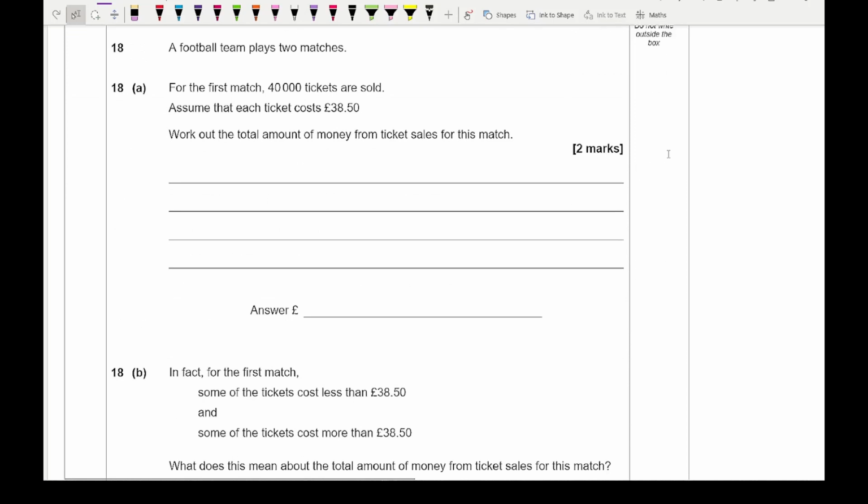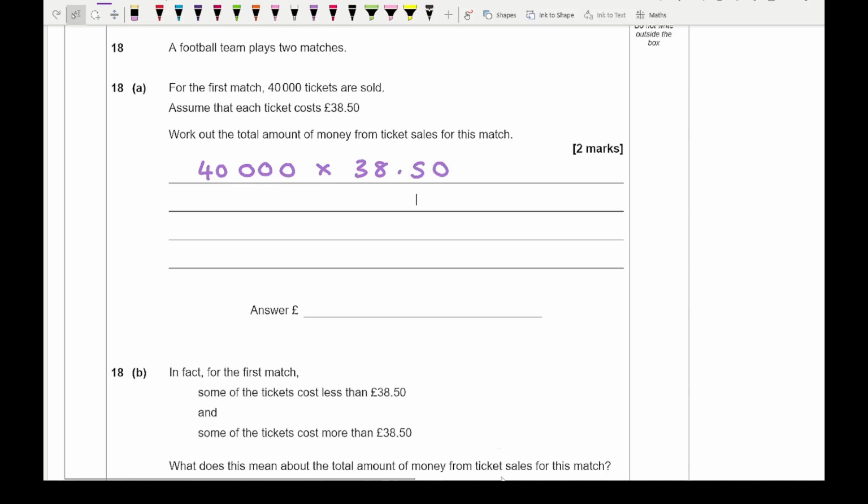Moving on to question 18, it says that a football team plays 2 matches, and for A it says for the first match 40,000 tickets are sold. Assume that each ticket costs £38.50. Work out the total amount of money from ticket sales for the match. So all we need to do here is just multiply 40,000 by £38.50.